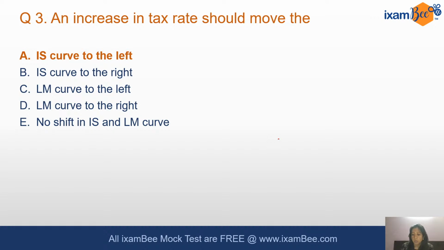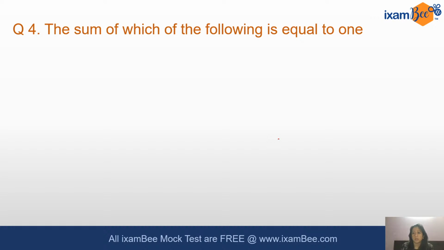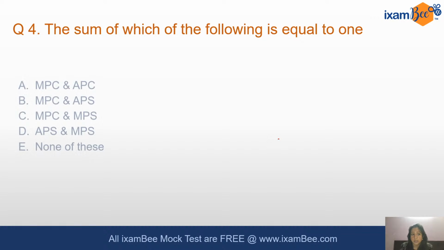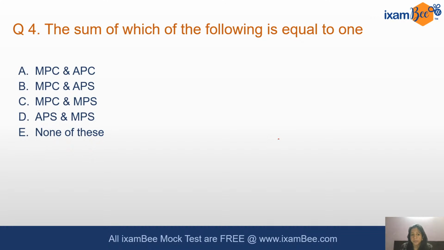Okay, the next question: the sum of which of the following is equal to 1? The options are MPC, APC; MPC and APC; MPC and APS; MPC and MPS; APS and MPS; and none of these. Which of the following is the right answer?